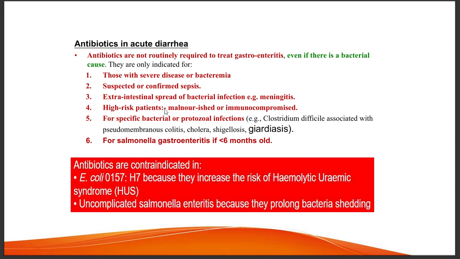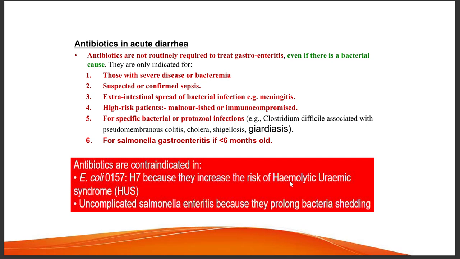High risk patients like the malnourished or immunocompromised, even for specific bacterial or protozoal infections. You can give these specific bacterial causes. For protozoal infections, you give antiprotozoal agents. For Salmonella gastroenteritis, if the child is less than 6 months, you can also give antibiotics. You don't give them in E. coli, the enterohemorrhagic or O157:H7.